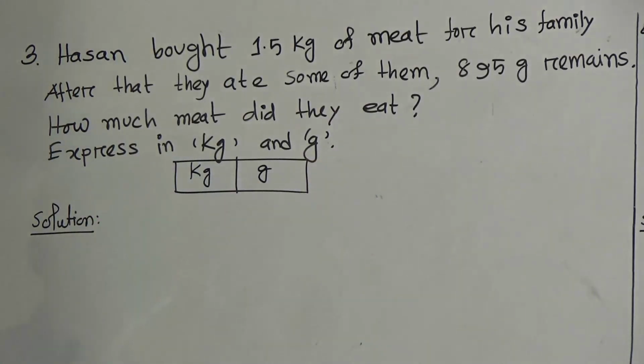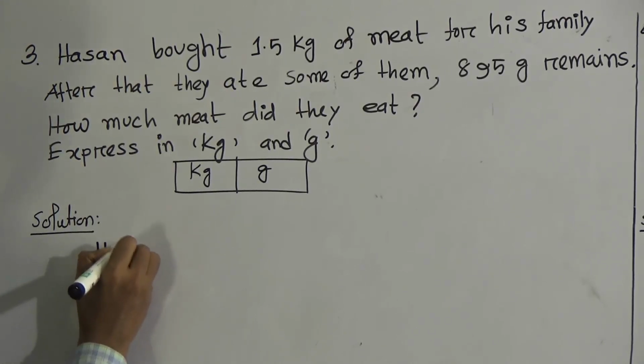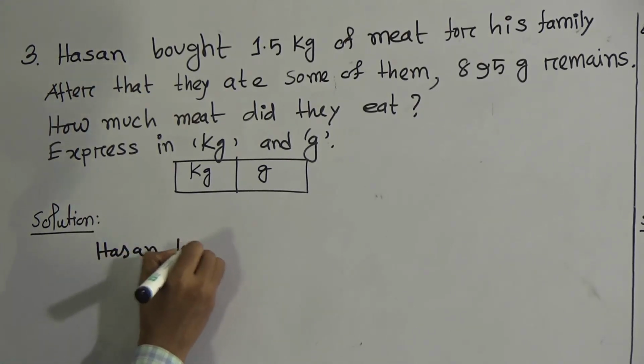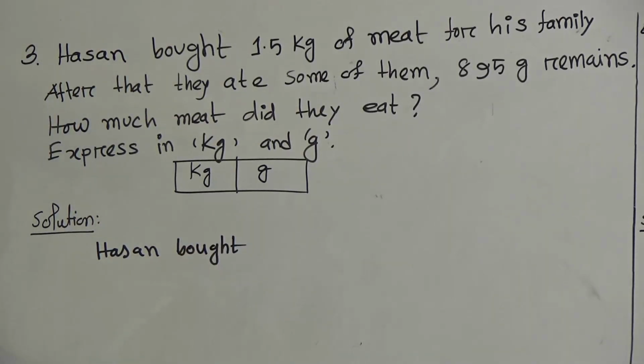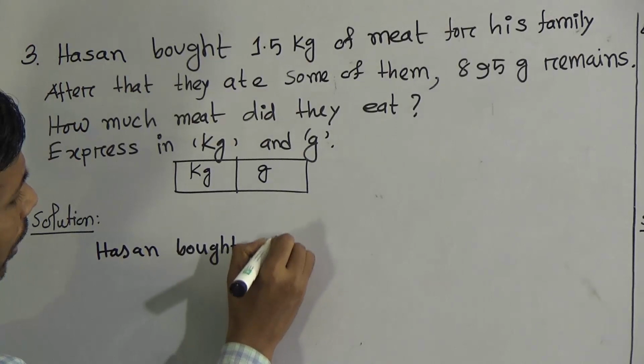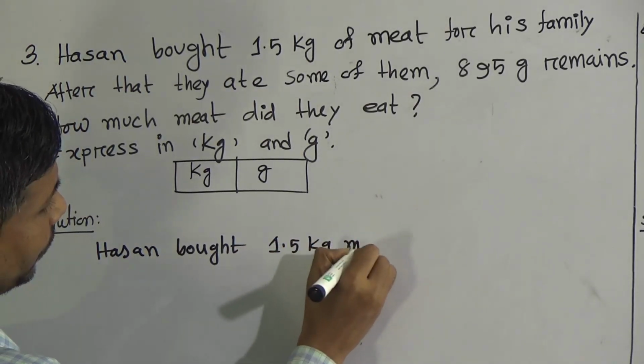Now the question: how much meat did they eat? Okay, right. Hassan bought 1.5 kg meat.